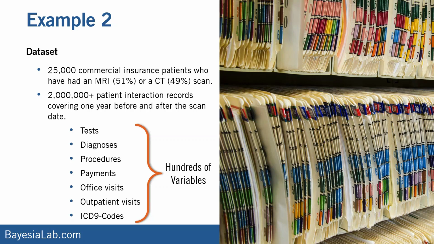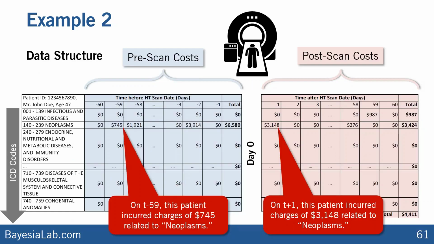That's the code that classifies diseases and conditions. So we have a wealth of information. And before we go into actual model building, let me share with you the structure of the data, how we're going to set this up to make the analysis possible.